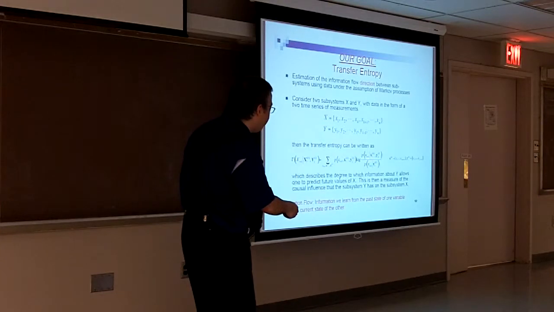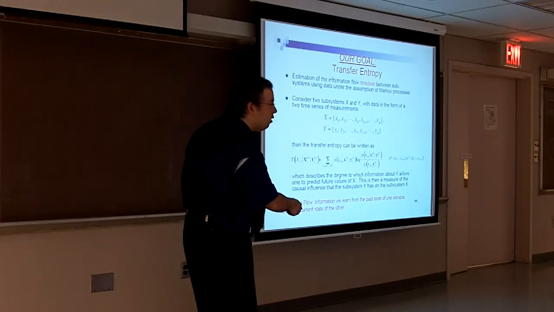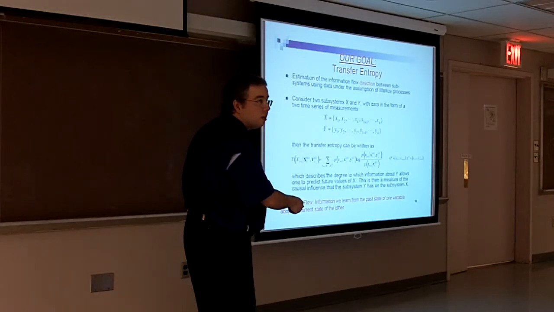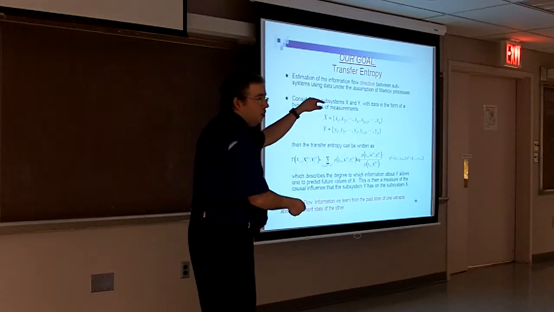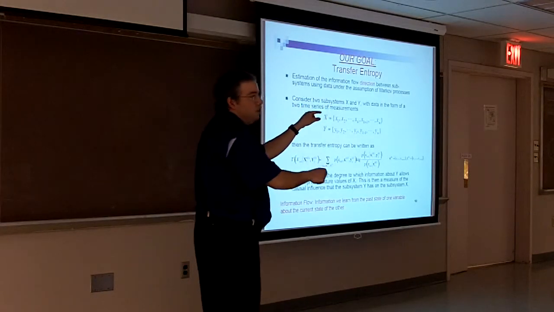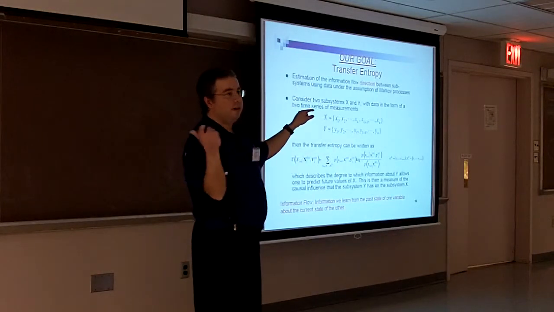So we learn the future value of x from the past values of y. Is this clear to everybody? So we're learning the future value of one variable by using the past values of the other variable.